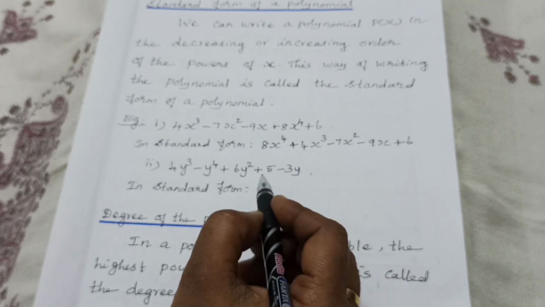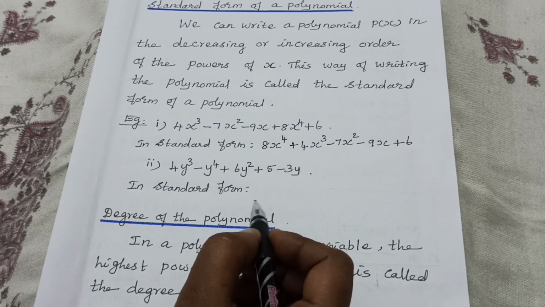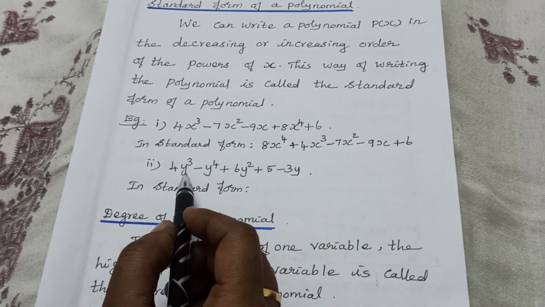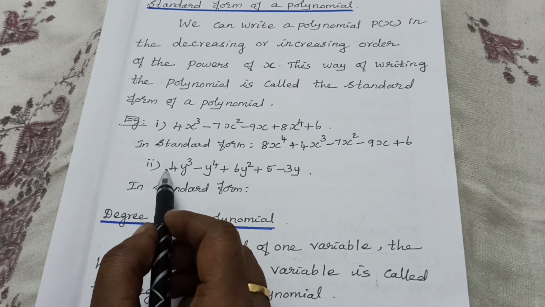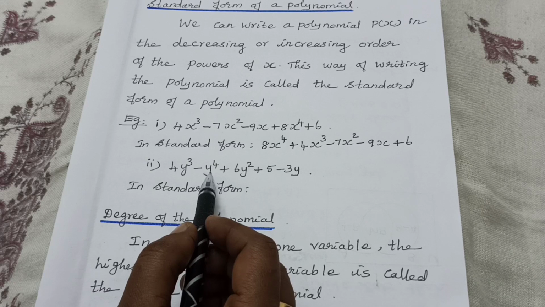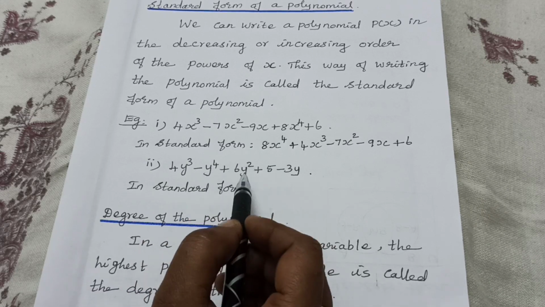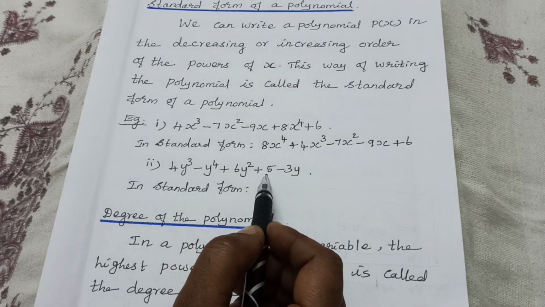Increasing order of the power of y. Here, which is the variable? y is the variable. Have you understood? What's the coefficient of y cube? 4. What's the coefficient of y power 4? Minus 1. What's the coefficient of y square? 6. The constant is 5, isn't it?